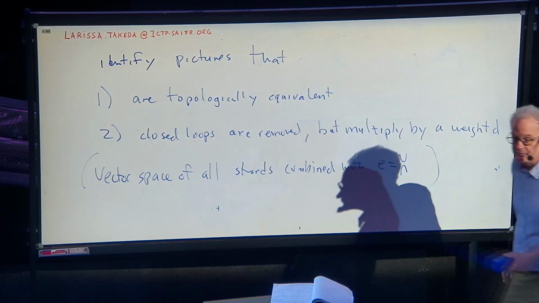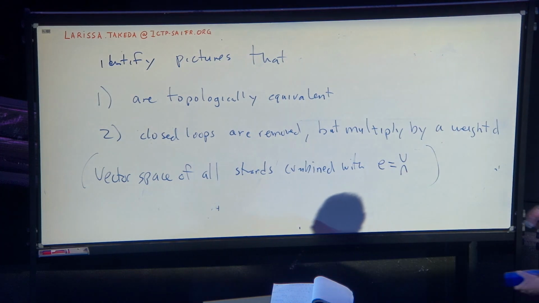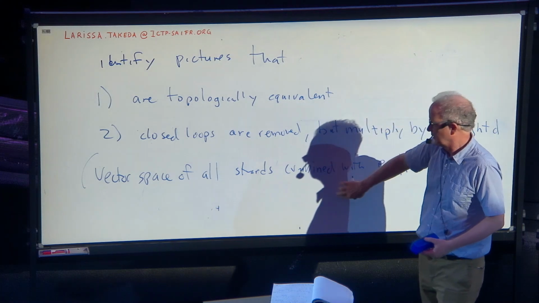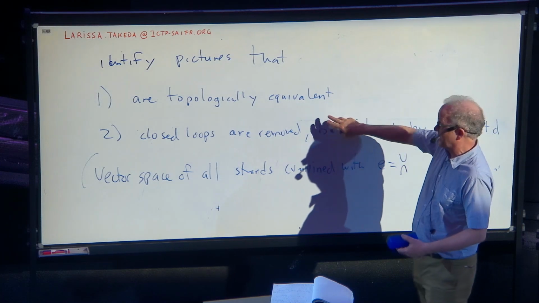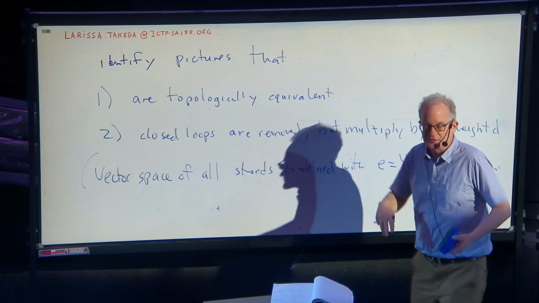Each one of those is a separate element of this vector space. And so I identify anything that's topologically equivalent, and then I can remove any closed loop, but I multiply the element of that vector space by D.